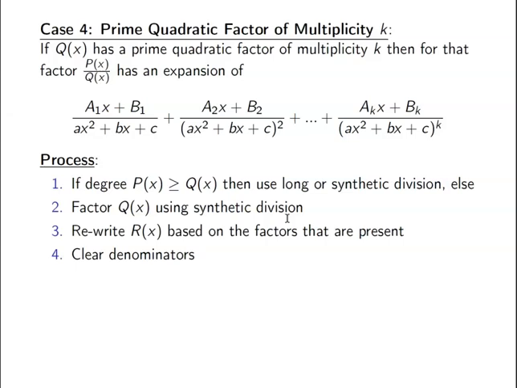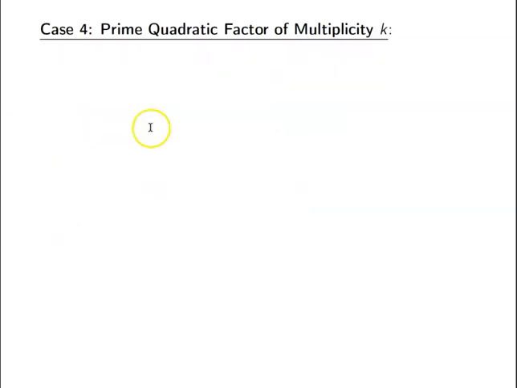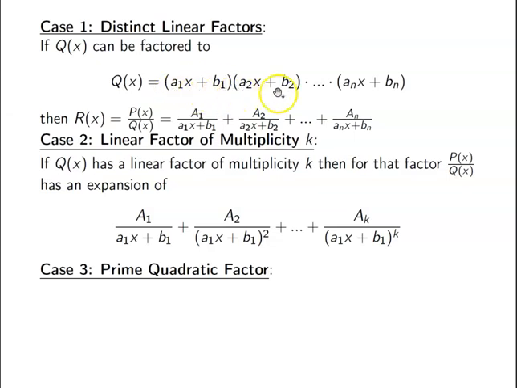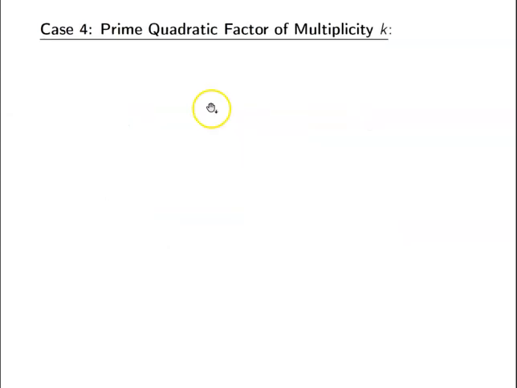Once we have either divided or factored q, then we want to rewrite my entire function based on the generic decomposition that I found, using these a1x plus b1, a2x plus b2 terms.